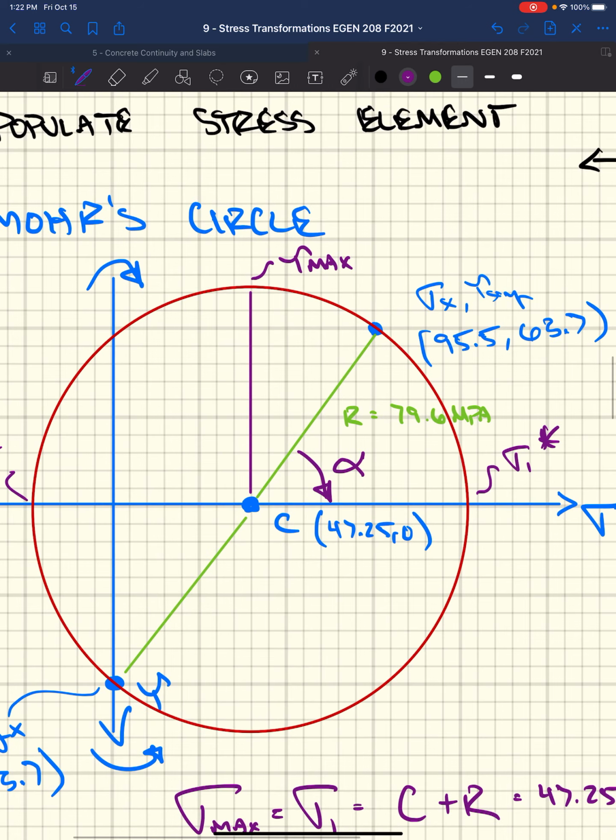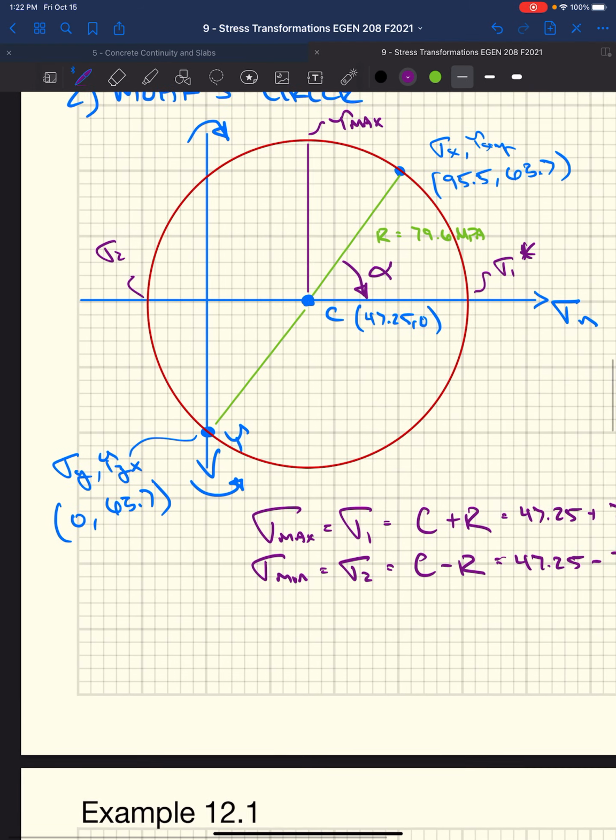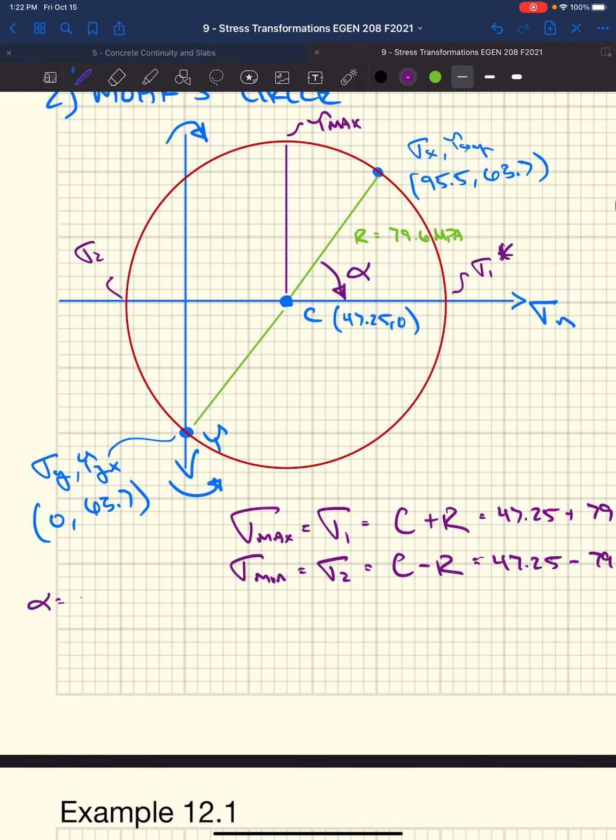Alpha, right? We have our original stress state, and in order to get to our principal stresses, we have to rotate clockwise by an amount alpha. Remembering that alpha is 2 times theta, or 2 times the actual rotation in the real world.